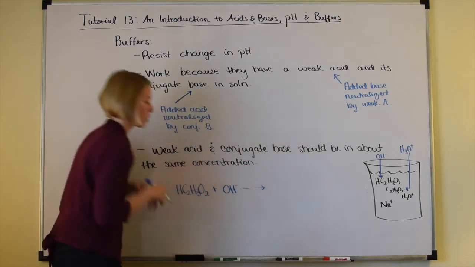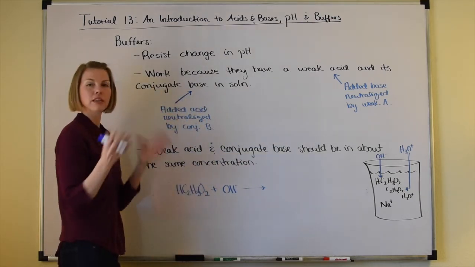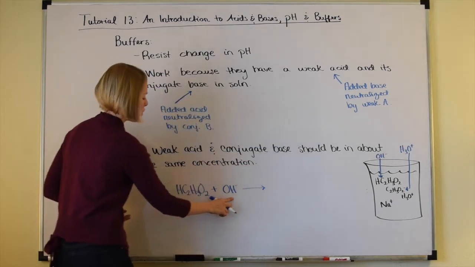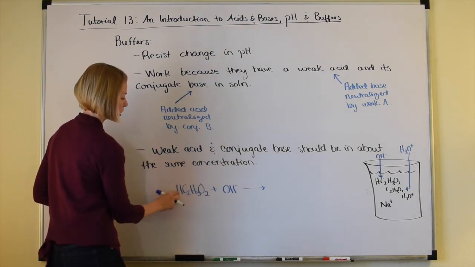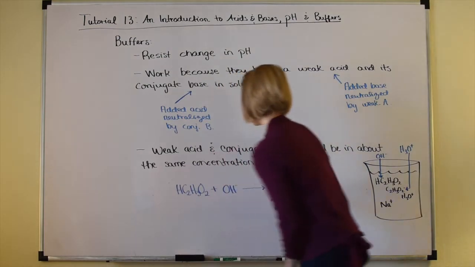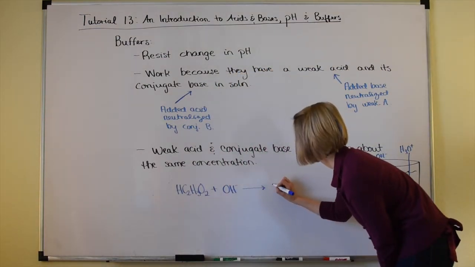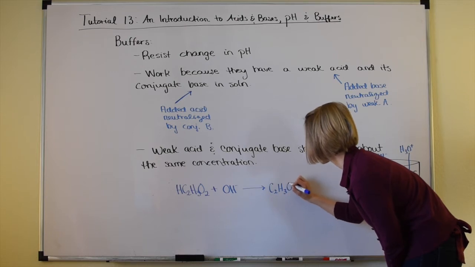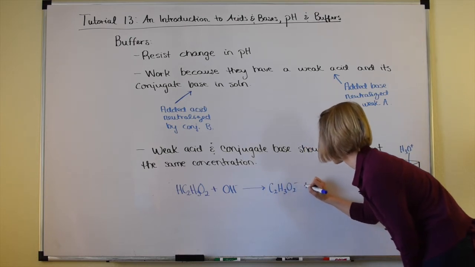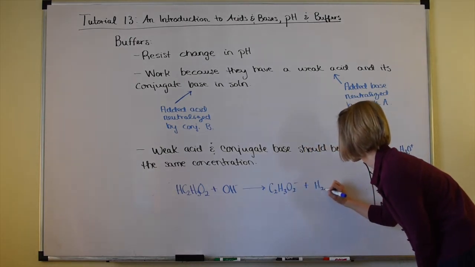Doesn't matter if it's sodium hydroxide or lithium hydroxide, so I'm just going to write OH minus. We're going to transfer the acidic hydrogen to the OH minus in this neutralization reaction. We're going to be left with the acetate anion and H2O.